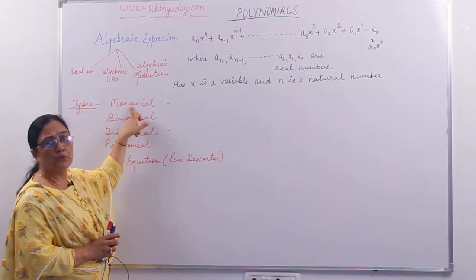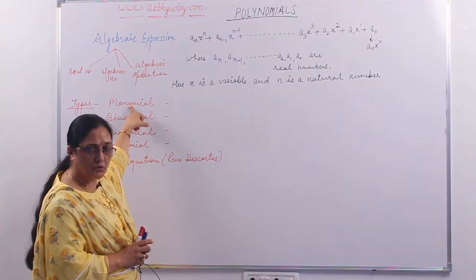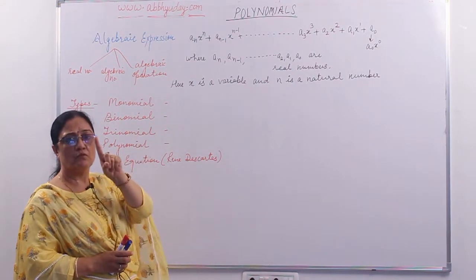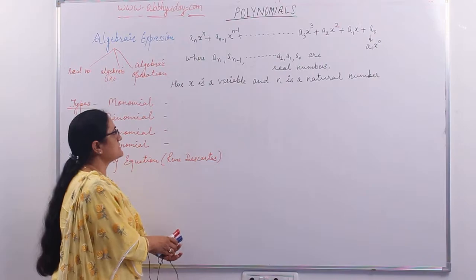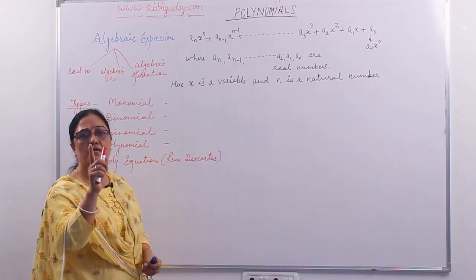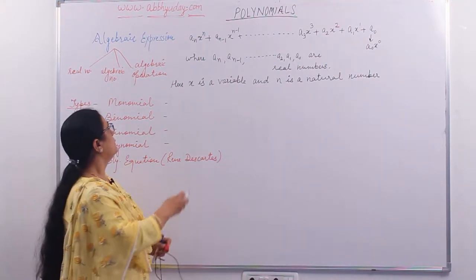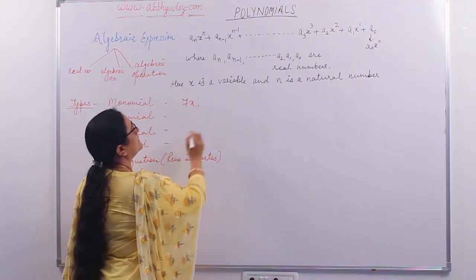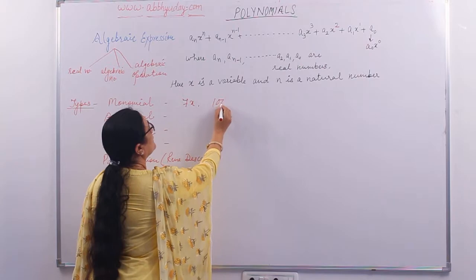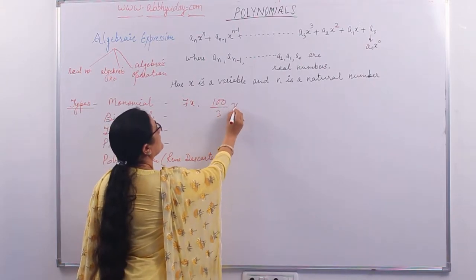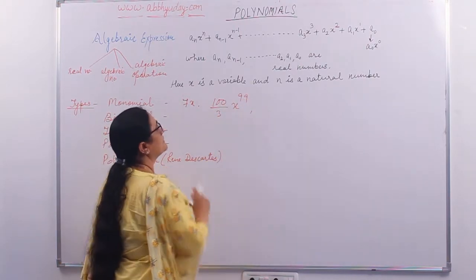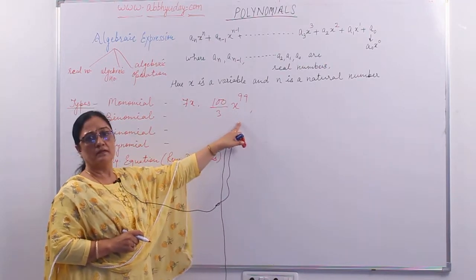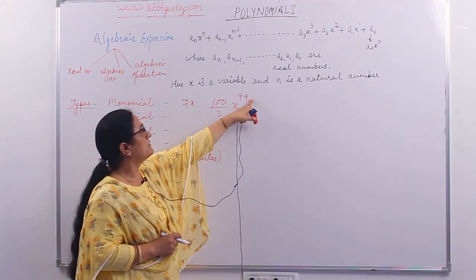Number one, monomial. Mono means one. So since it is monomial, it will have only one term. Now for example, it may be only 7x, it may be 100/3 x^99. It is again a monomial. It doesn't matter whatever is the power.